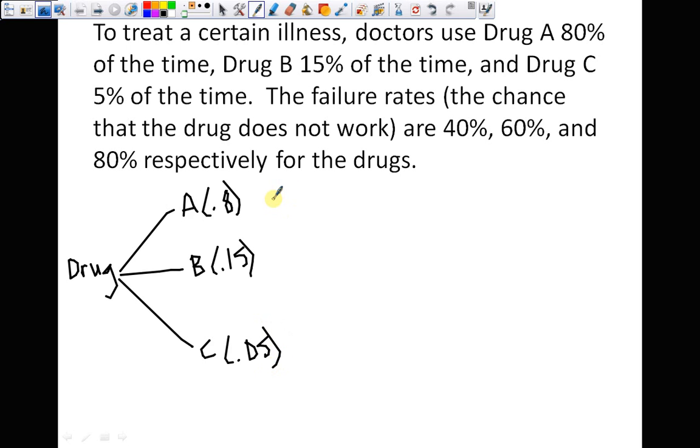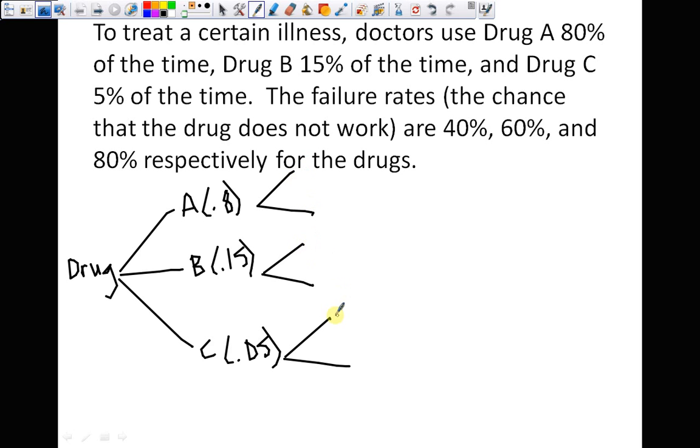Now, regardless of which one of these drugs are used, there's two things that can happen for each drug. It can either work or it cannot work. So we're given the failure. I'm going to let the top branch of each one of these represent that it works.